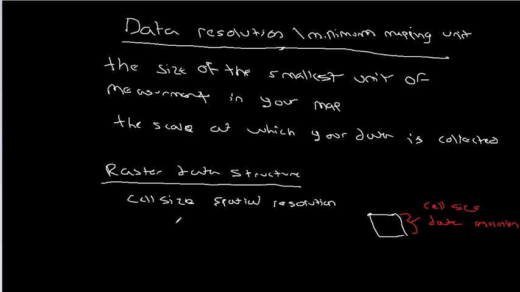Some examples of this: we have imagery from something like Planet Labs, which is color imagery that has a spatial resolution of 3 meters, which means the length of this side is 3 meters.